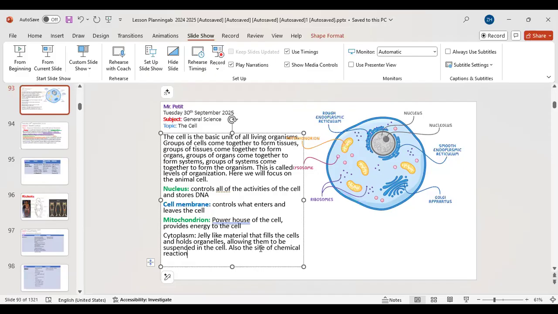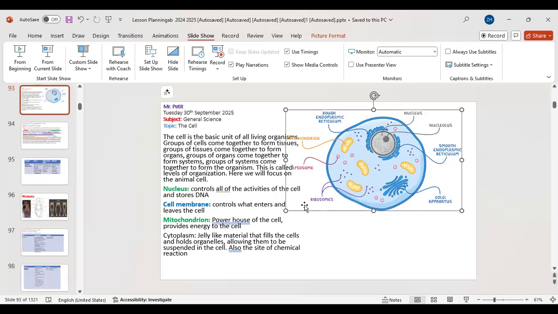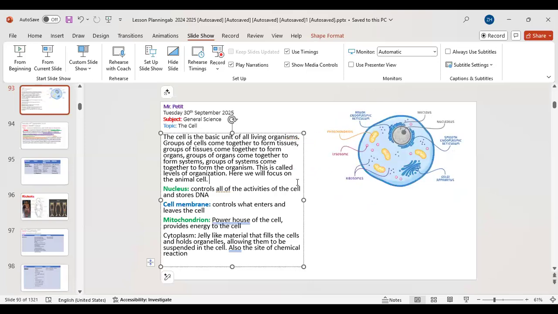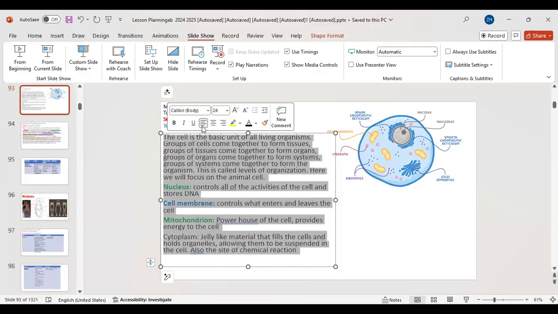So all of the metabolic reactions, like glycolysis, you wouldn't need to know that. But basically, all of the important reactions that take place inside the cell happen in the cytoplasm. When you get older, if you decide to do medicine or biochemistry, you would learn about more sophisticated things.